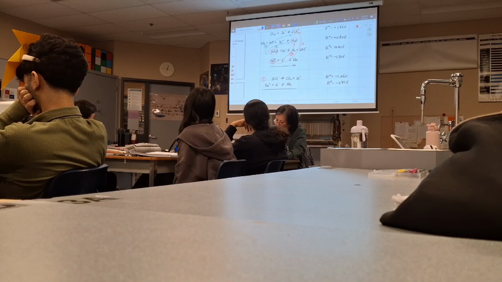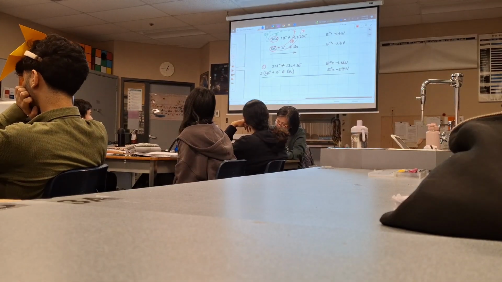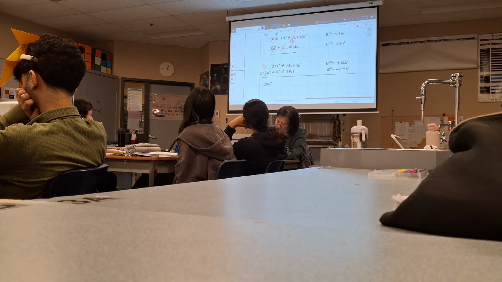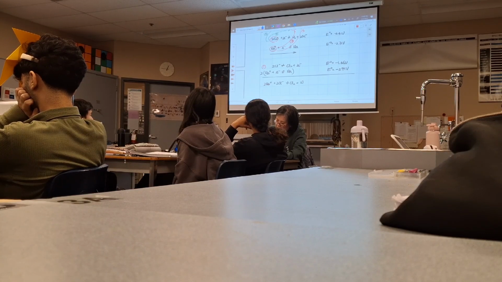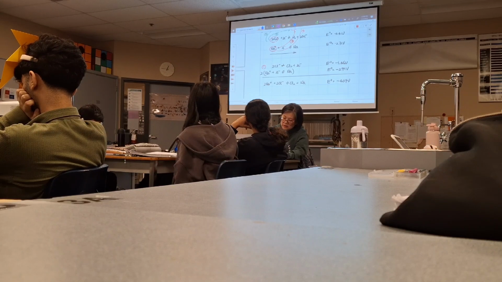If I add this together, multiplying by 2, I get 2 Na plus 2 Cl minus, giving me Cl2 plus Na, and my E naught is going to be negative 4.07 volts.